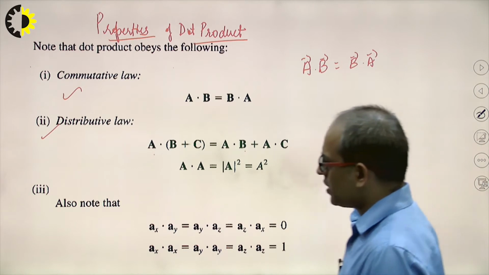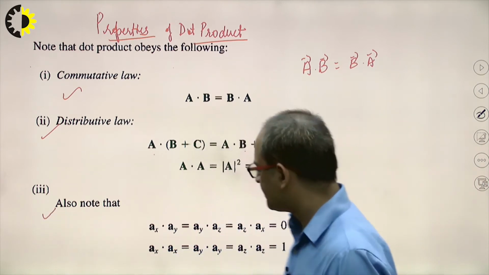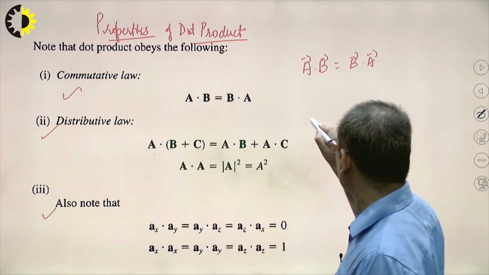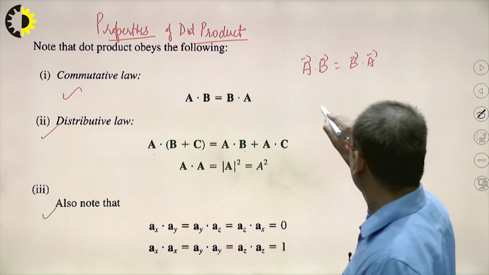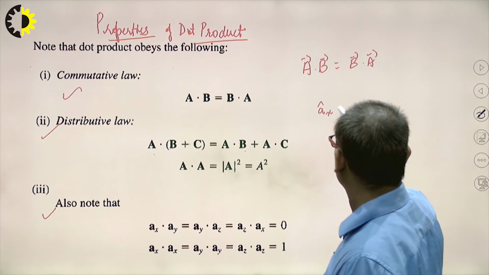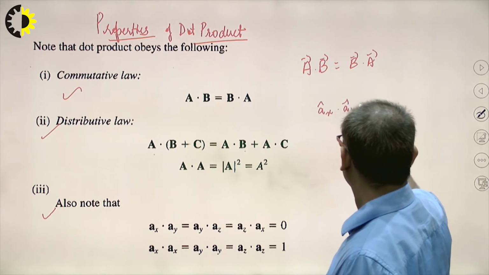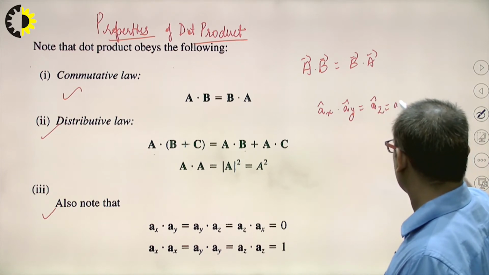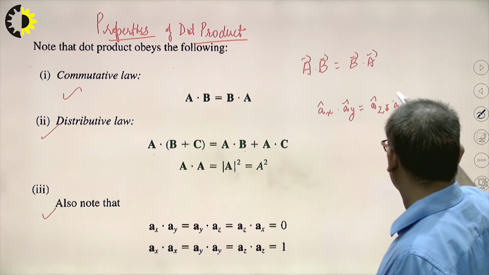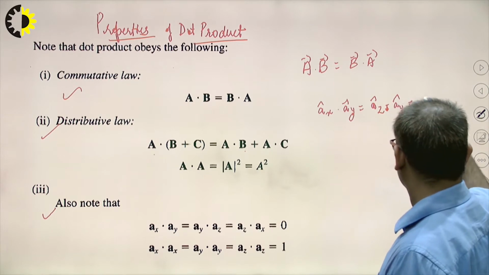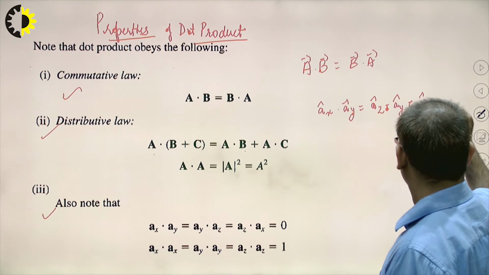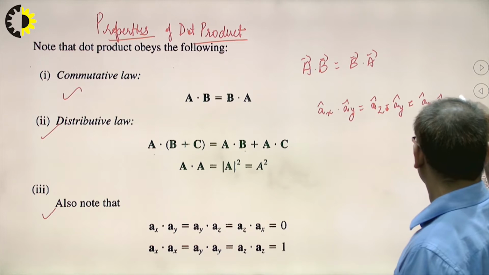Clear? Now another property is that if I multiply the unit vectors, a cap x dot a cap y is equal to 0, a cap z dot a cap y is equal to 0, and a cap x dot a cap z is equal to 0.